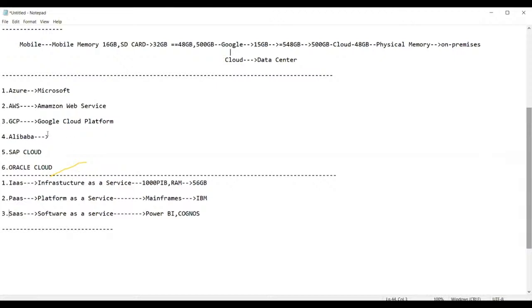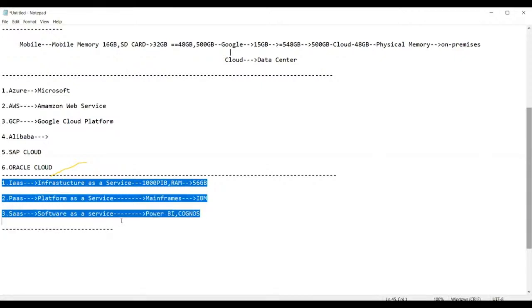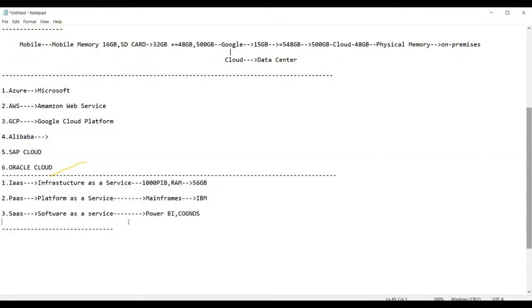So these are the three categories of services we have. The cloud providers have divided their service into these three categories, and based on these three categories only they are going to bill you. It is as simple as logging in to OTT platforms like Amazon Prime, Netflix, etc. You will enter your mobile number and a password, that's it.